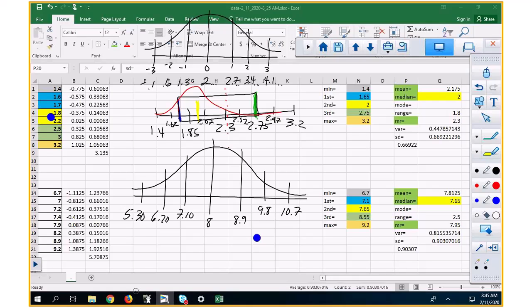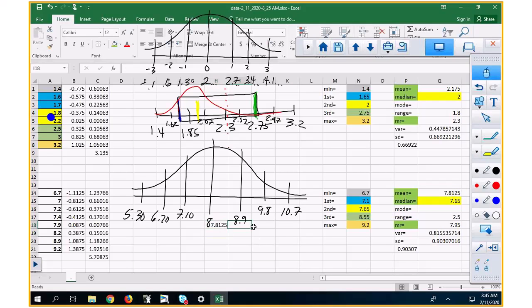So you could do it easily on the Excel spreadsheet by going right here, and you could put your mean right here, and that would be 7.8.